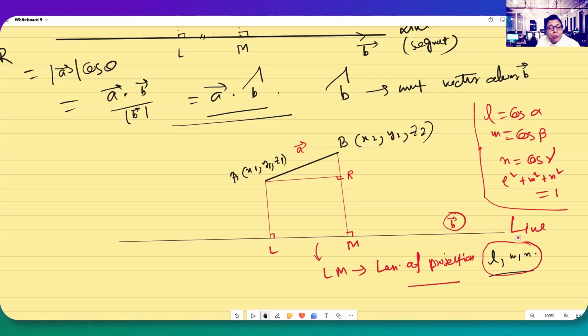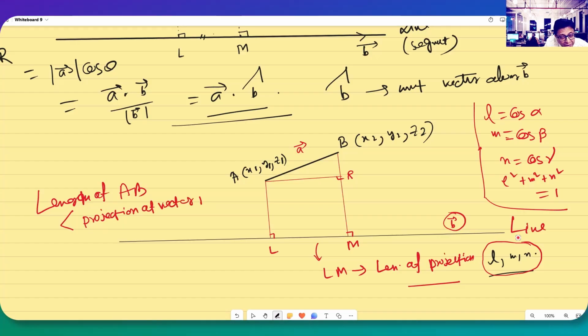So if we want to find length of projection now, length of AB, AB is a line segment or AB vector. Projection of vector AB. Length of projection of AB or projection of vector AB.